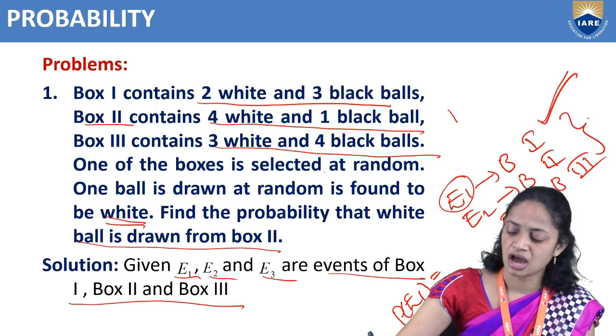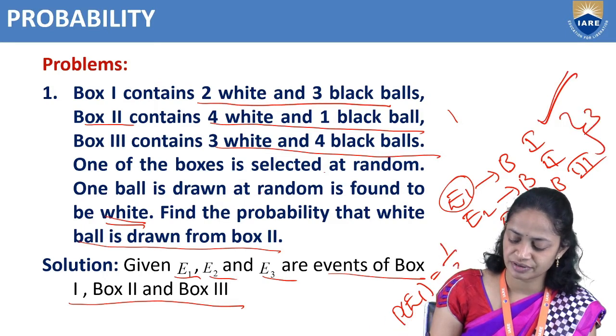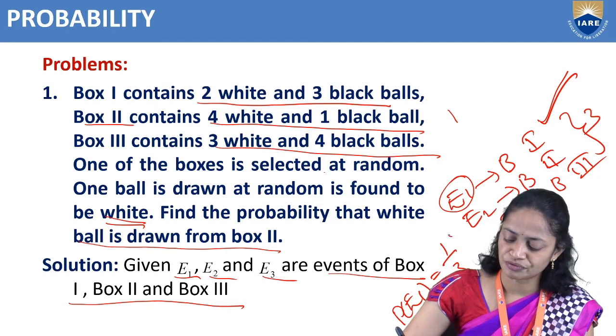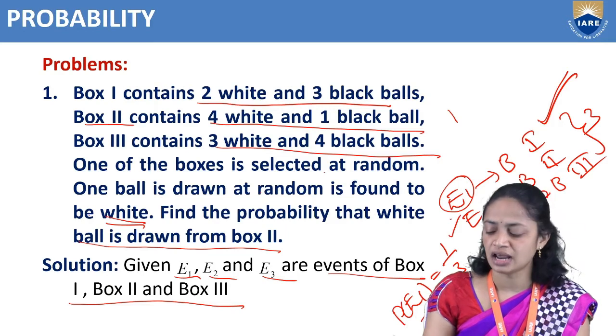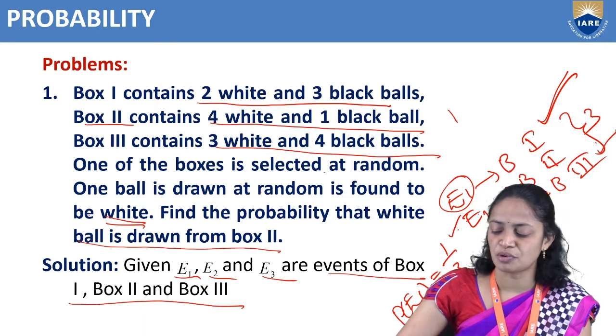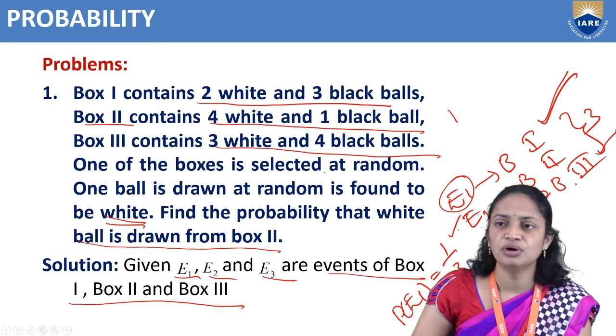Only one event out of 3 events, so the probability of E1 equals 1 by 3. Like that, for E2 also one possibility out of 3, so probability of E2 is 1 by 3. For E3 also, probability of E3 equals 1 by 3.